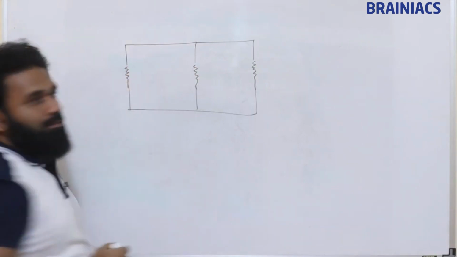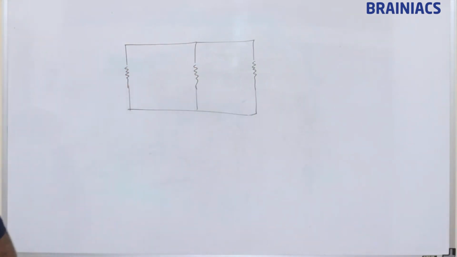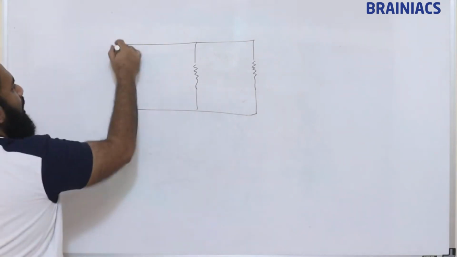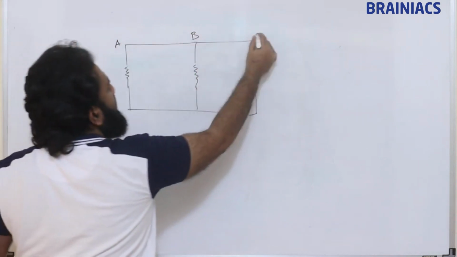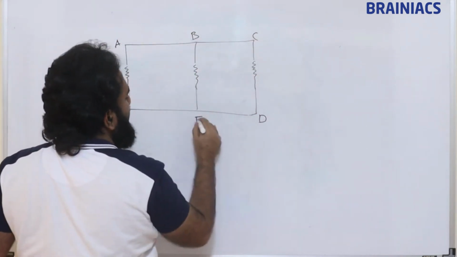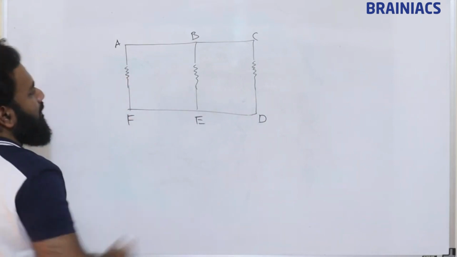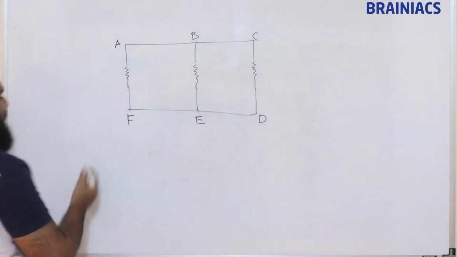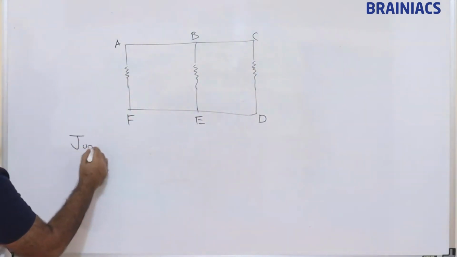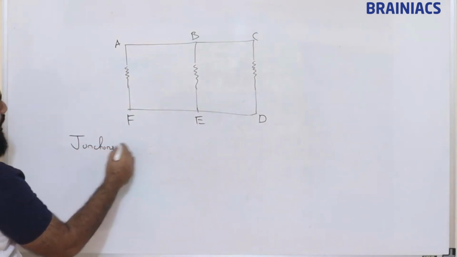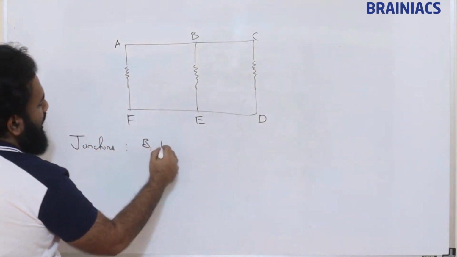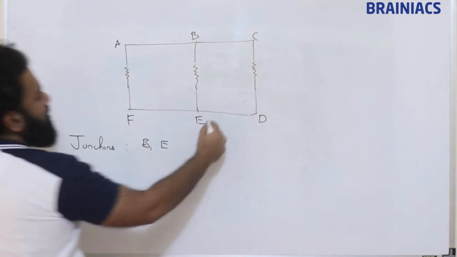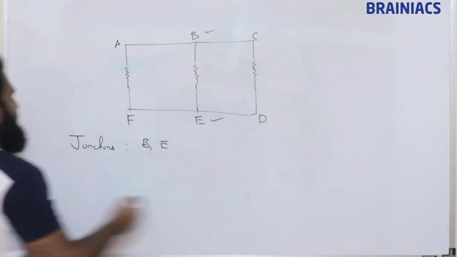If we name these A, B, C, D, E, F, then which all are junctions? B and E are junctions. This is a junction, this is a junction.